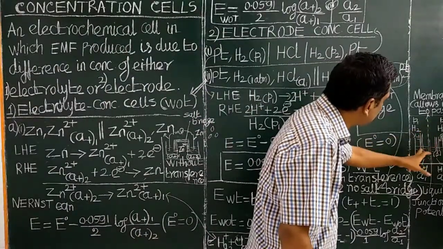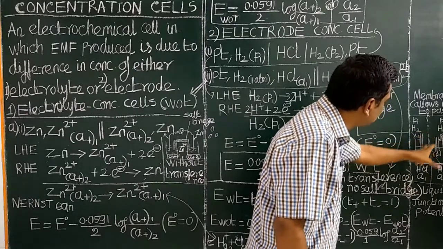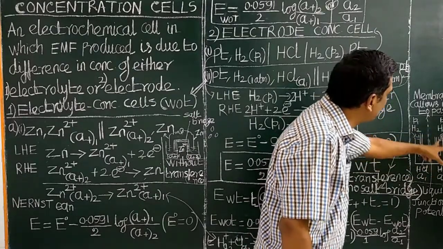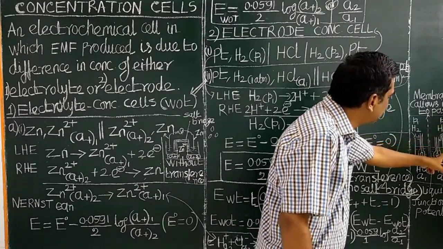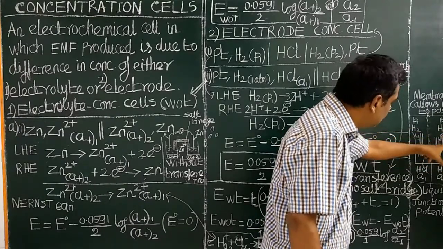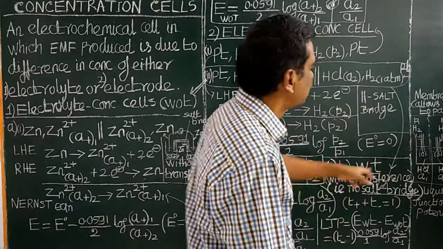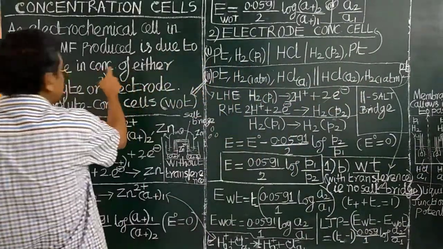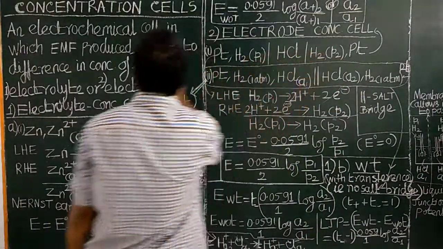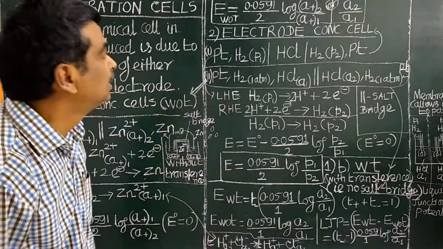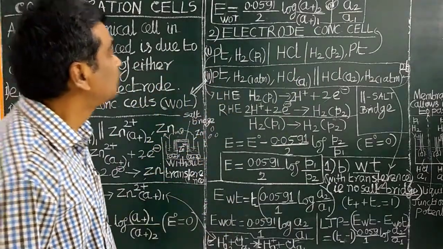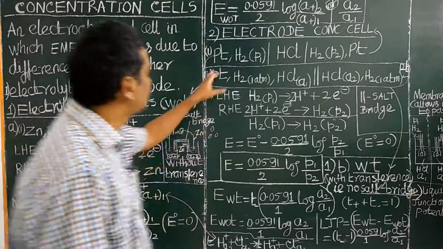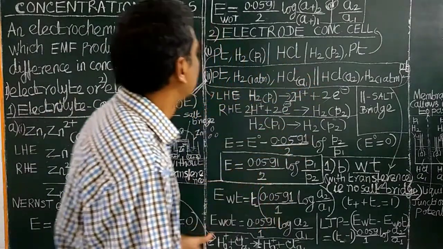This is a platinum electrode, hydrogen is passed at partial pressure P1, and another platinum electrode, hydrogen is passed at P2 atmosphere. Therefore, there is a difference in the concentration of the electrode material, that is, the partial pressures of hydrogen.